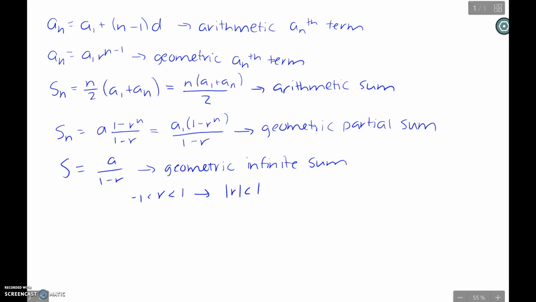So your common ratio has to be a fraction that's less than 1 or greater than negative 1. So 4/5, negative 4/5, but not 5/4. If it's bigger than 1, then it diverges. So you can't find the infinite sum.